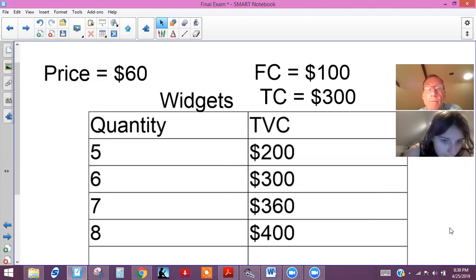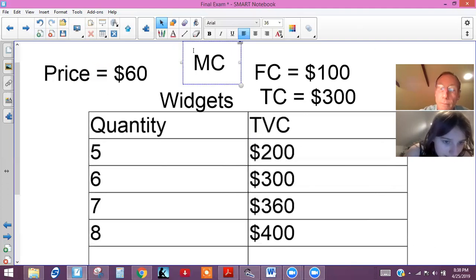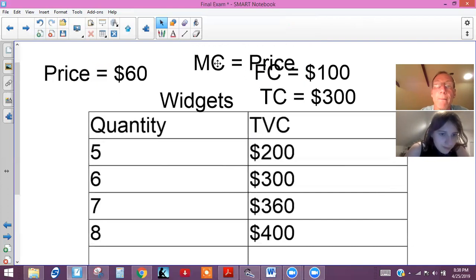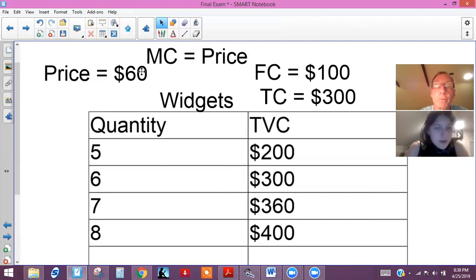They're going to produce where price equals marginal cost. If the price is 60, then they produce 7. You got it. Exactly.